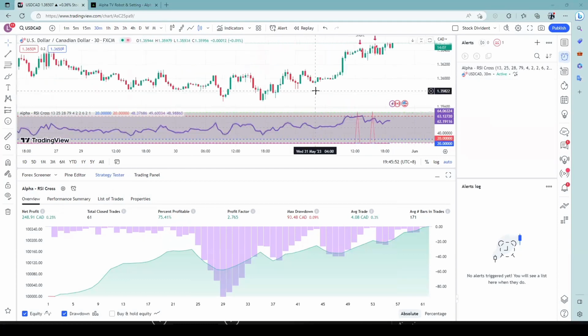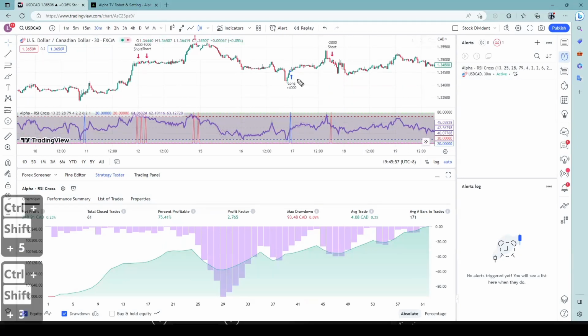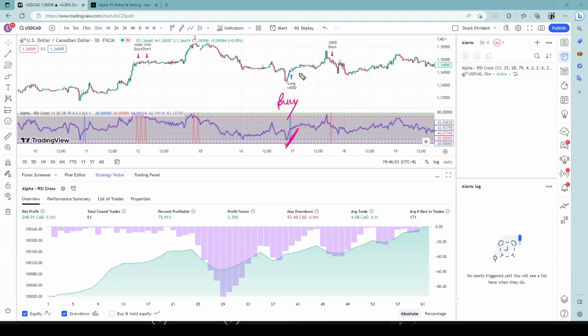The robot is programmed to tell you that when it is crossing up, you buy, which is a long signal. When it is crossing down, it will tell you a sell signal. And that is exactly how the robot traded in the simulation just now.